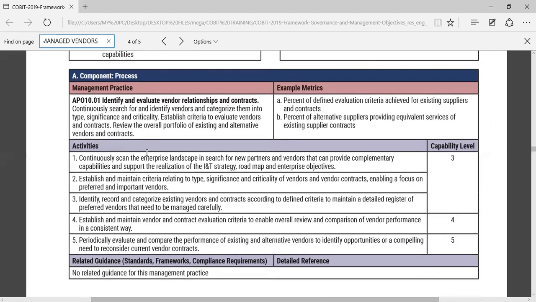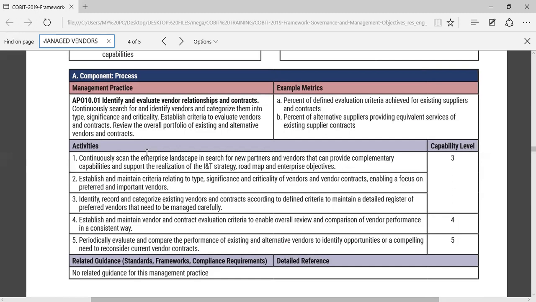Number 1, continuously scan the enterprise landscape in search of new partners and vendors that can provide complementary capabilities and support the realization of the I&T strategy, roadmap, and enterprise objectives. What is that talking about? You need to continuously look for new vendors, even for your existing processes and activities.